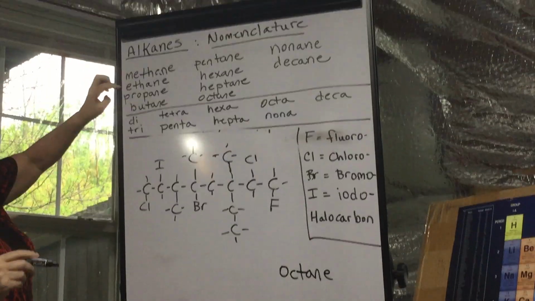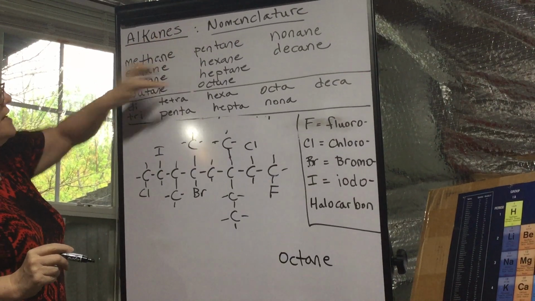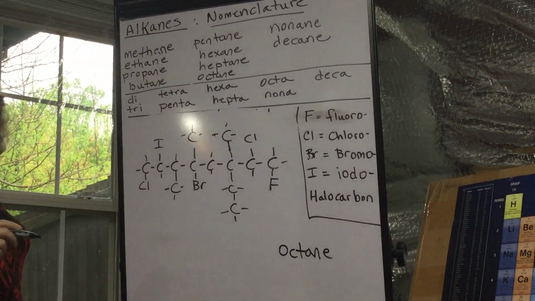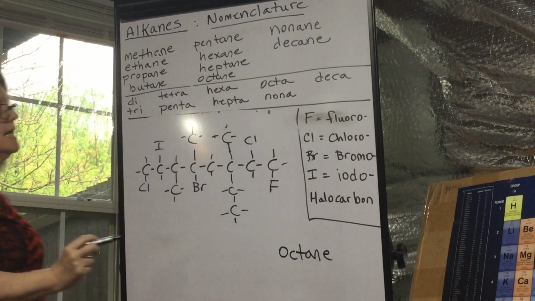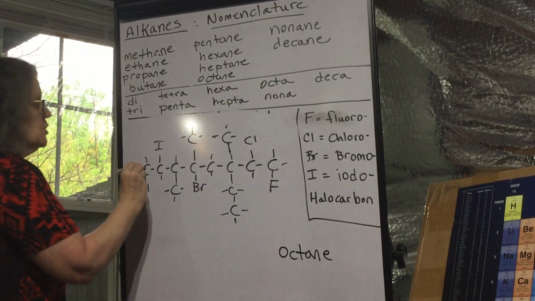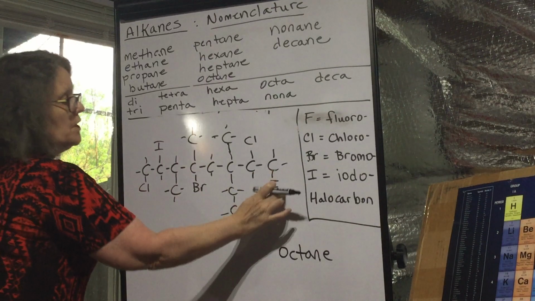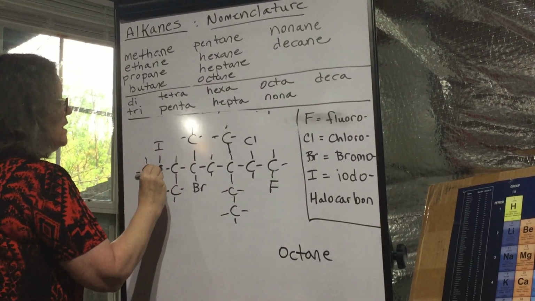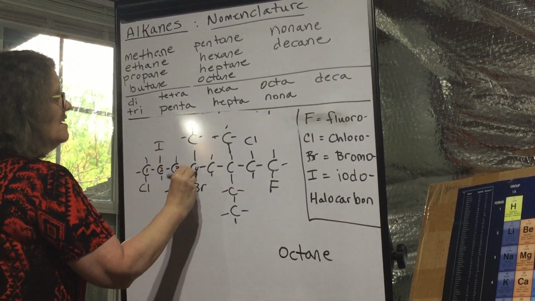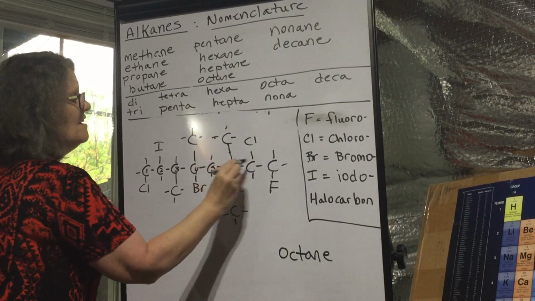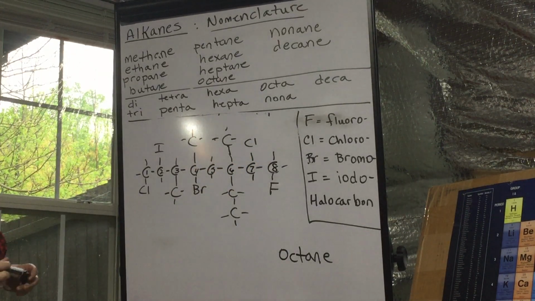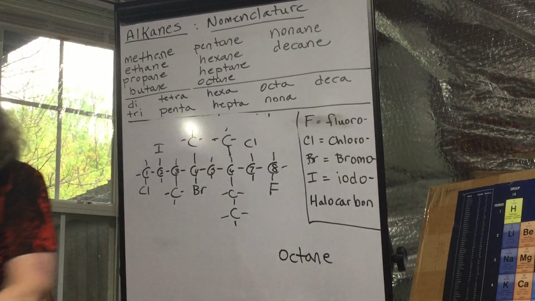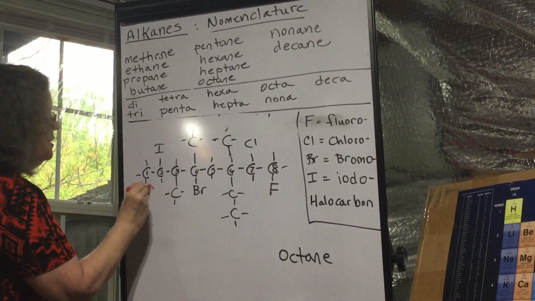So we have here 1, 2, 3, 4, 5, 6, 7, 8. 8 is octane. Now, what do I have for side groups? I've got my parent chain, octane. Let's number it. I have somebody on either end, so let's just number it like this. So it's clear, now let me circle all the different substituents or side groups.